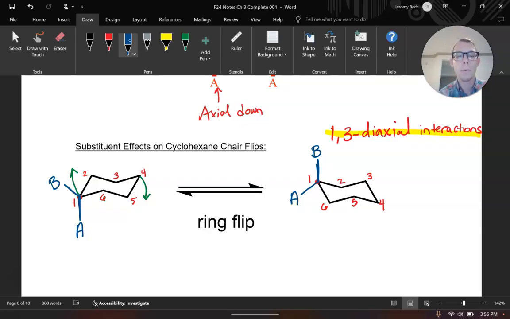In all of our problems, we're going to draw both of these, and we're going to populate them with all the things that are attached. And we're going to be thinking about which of those is going to be more stable. We're going to represent the stability by our arrows, and we're going to show that these are in equilibrium, which is going to be the 2 half arrows pointing in each direction.